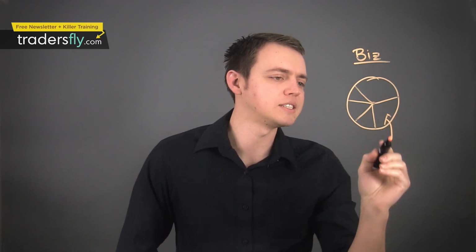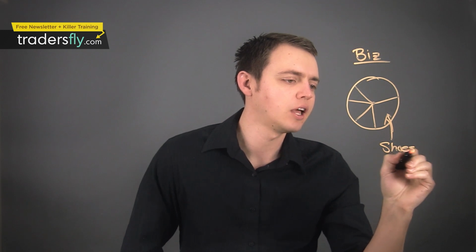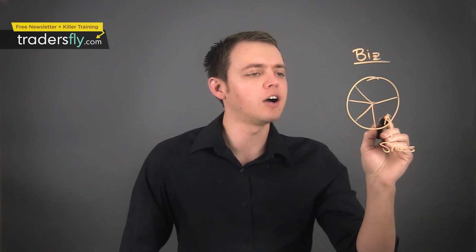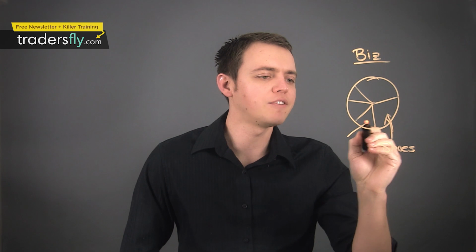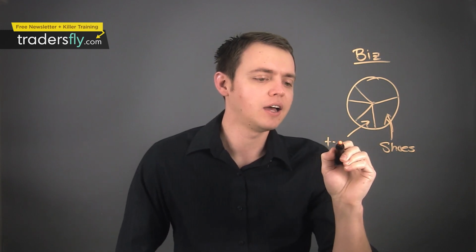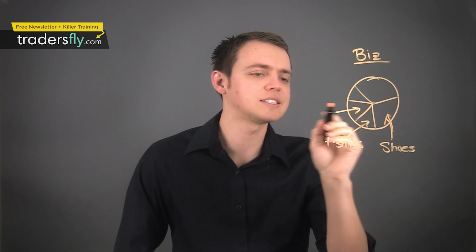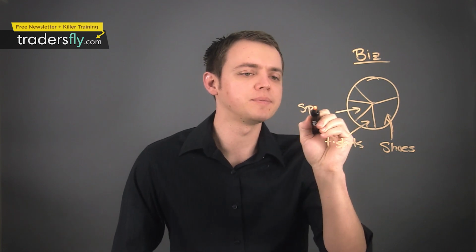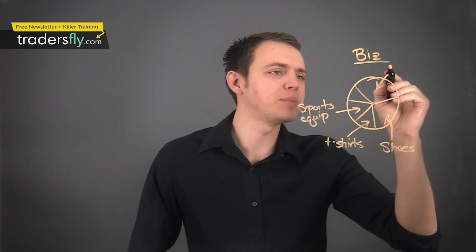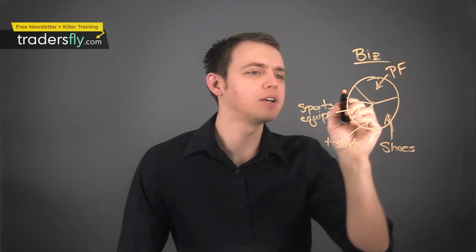So if the core focus of this business is to sell shoes, that might be a large chunk of their business. However, you have other parts of that business that might sell other items like t-shirts. You might have another segment that sells sports equipment. And another large part of that business could be in the personal fitness or consultation business.